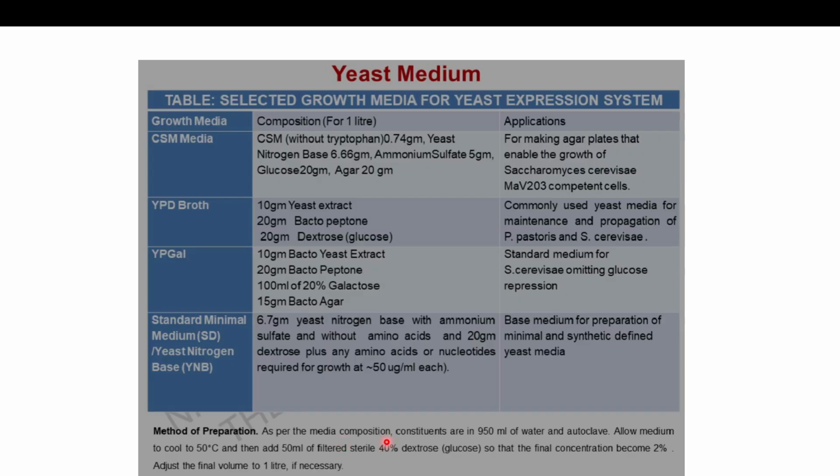I'm talking about the liquid media as well as the solid media. And then you have to autoclave the stuff. We will come to autoclaving and sterilizing, so that we sterilize these culture media so that we don't contaminate it with any other microbes.